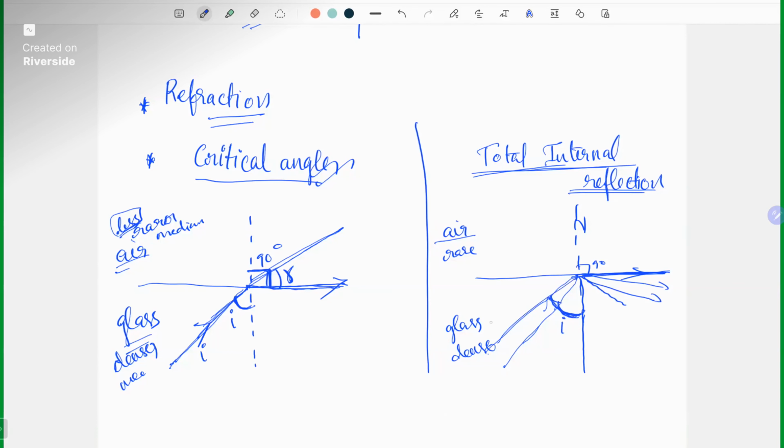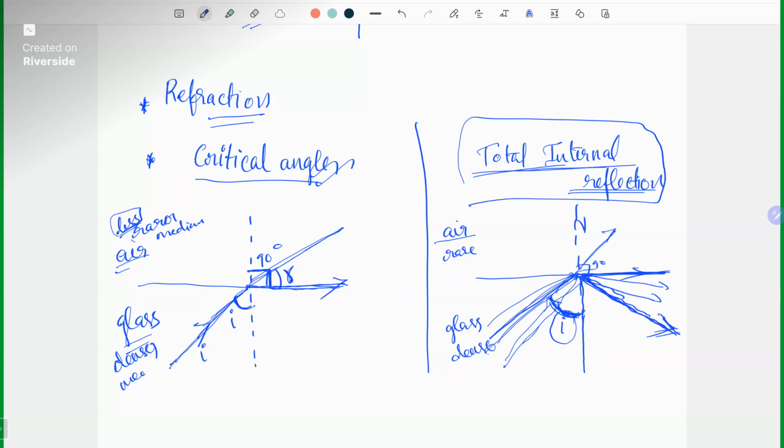As we increase this, finally after the critical angle it will reflect totally. So by adjusting the angle of incidence to more than the critical angle, the light ray is reflected into the same medium, and we can prevent it from refracting into another medium. So this is the basic concept of total internal reflection.